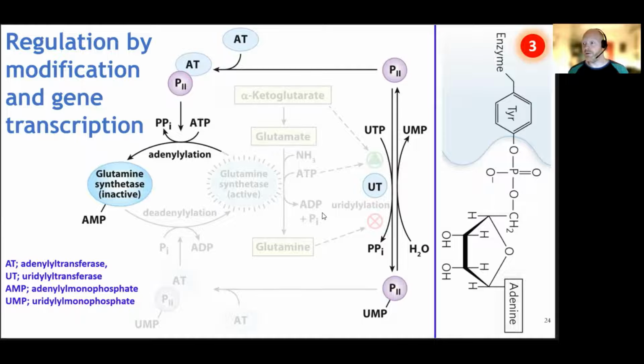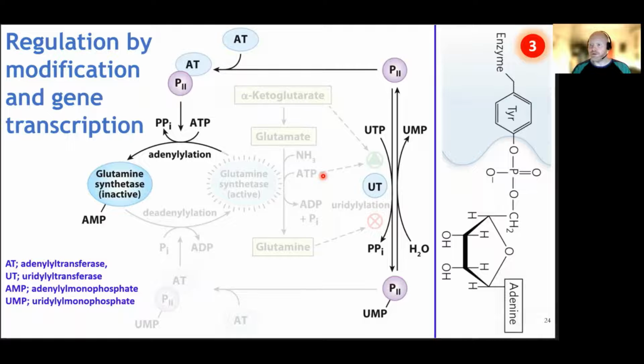This is an example of post-translational protein modification, where adenylyl is attached to the target enzyme at the tyrosine residue. You can see the modification to the right in this slide inside the blue frame. Both adenylation and the reverse process, deadenylation, is handled by adenylyl transferase.